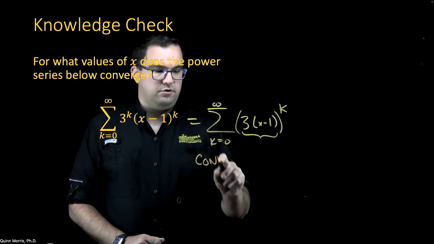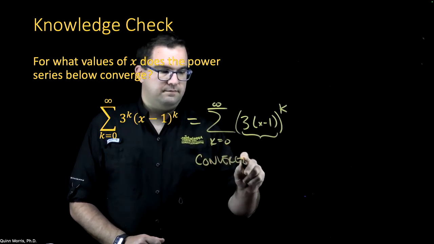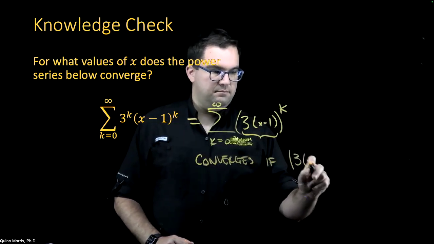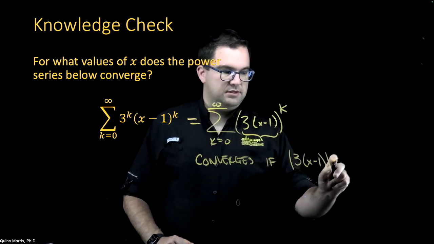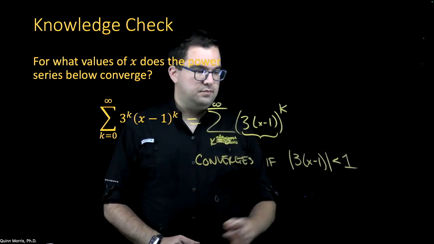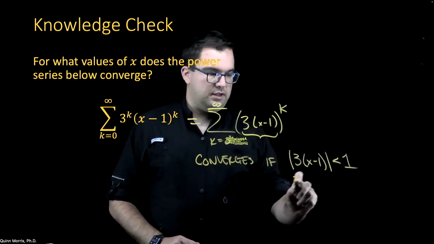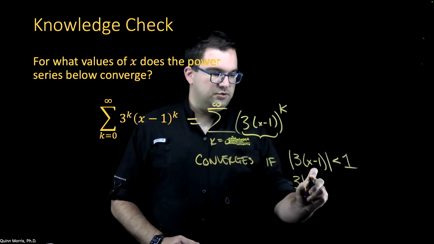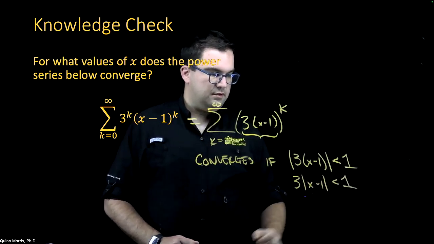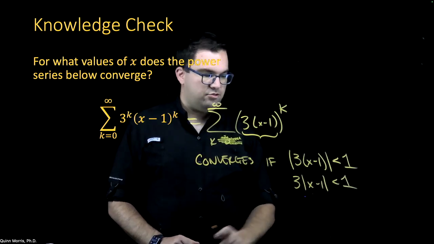So this will converge if the absolute value of 3 times x minus 1 is less than 1. Here, the 3 is positive, so we can pull that out of the absolute values. We'll divide both sides by 3.